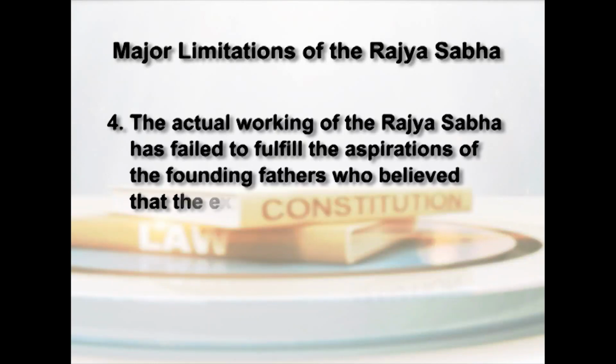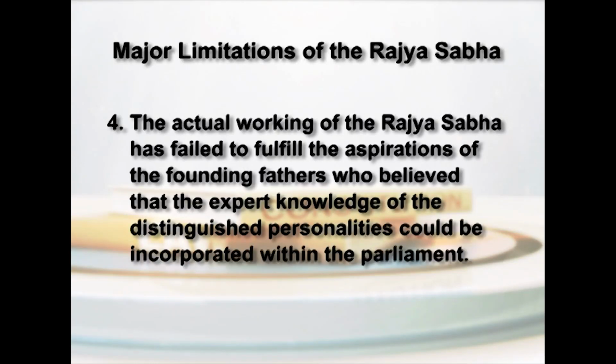Fourthly, it has been pointed out that the actual working of the Rajya Sabha has failed to fulfill the aspirations of the founding fathers, who believed that the expert knowledge of distinguished personalities could be incorporated within the parliament. Though there is no doubt that there were some members whose debates have been discussed even after a long time, there were again members in recent years who had failed to become a member of the Lok Sabha but have an influential position in the party, and land up being a member of the Rajya Sabha.